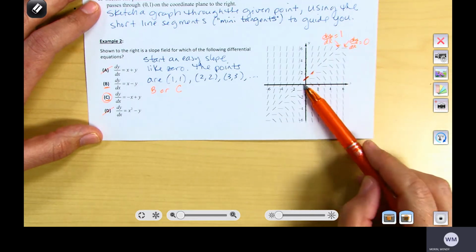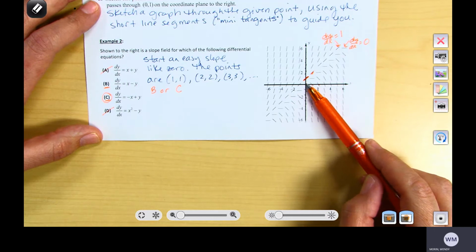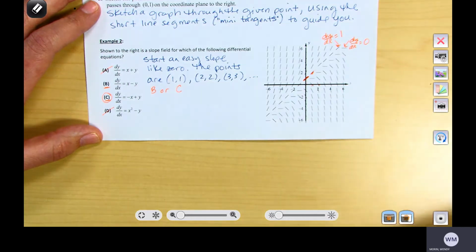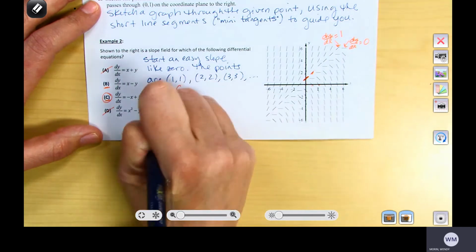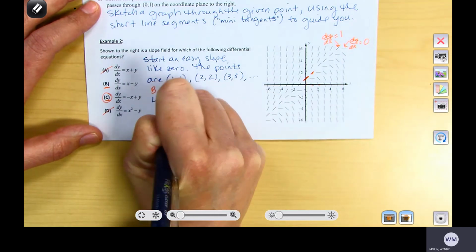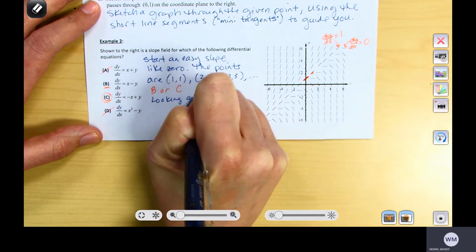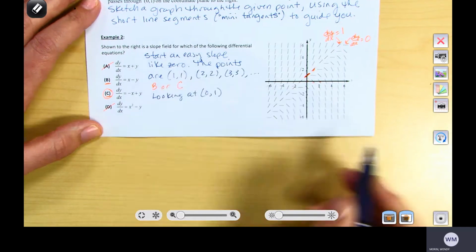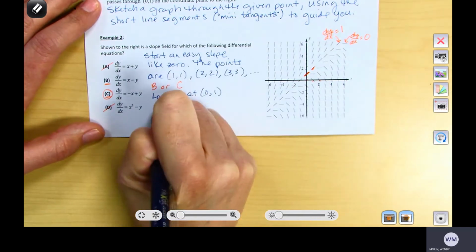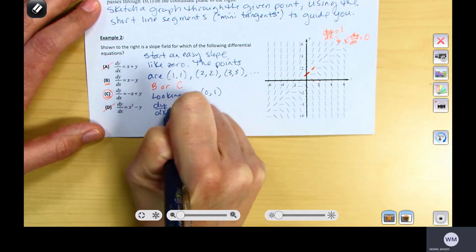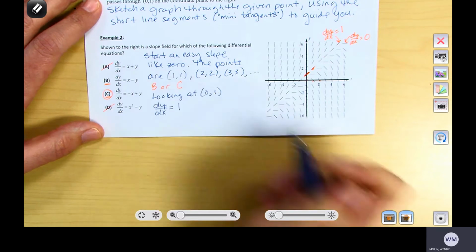But now when I go to get another point, if I go to this point or this point, again, you're just estimating, this point right here, let's just say that is 0, 1. Looks like it's 0, 1. So looking at the point 0, 1, I need my dy dx to equal 1.